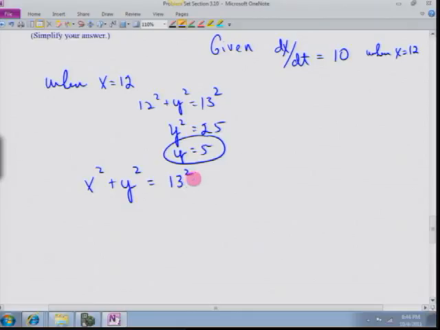Oh, that's the ladder. The ladder's 13. All right, let's take the derivative of this, because we need some dx/dt, some dy/dt. So what do we get when we take the derivative? 2x dx/dt plus 2y dy/dt equals 0.